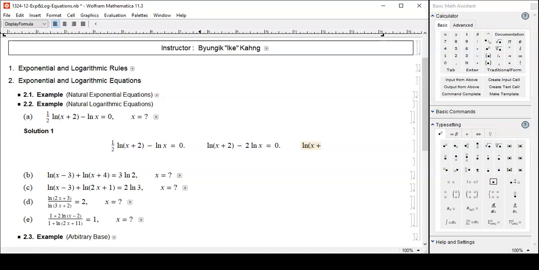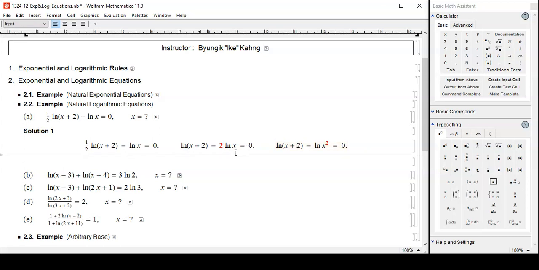Log of x plus 2 minus log of x squared equals to 0. That's the key step here. These two, which I just highlighted in red, go right here. Remove the coefficient like this, and then we are ready to combine them all.